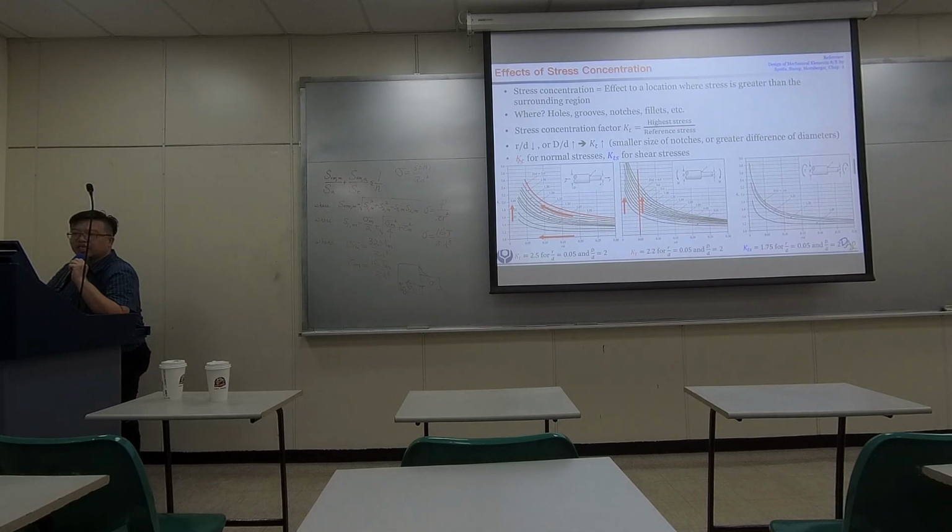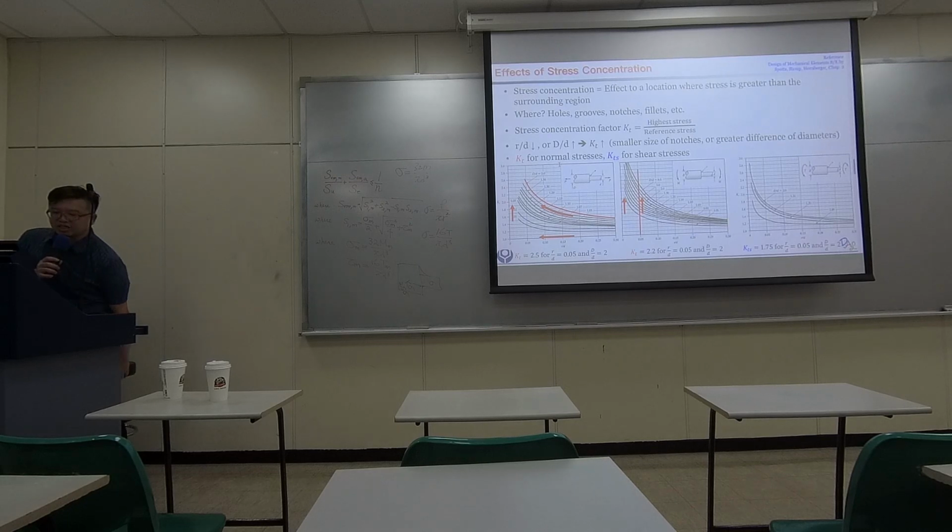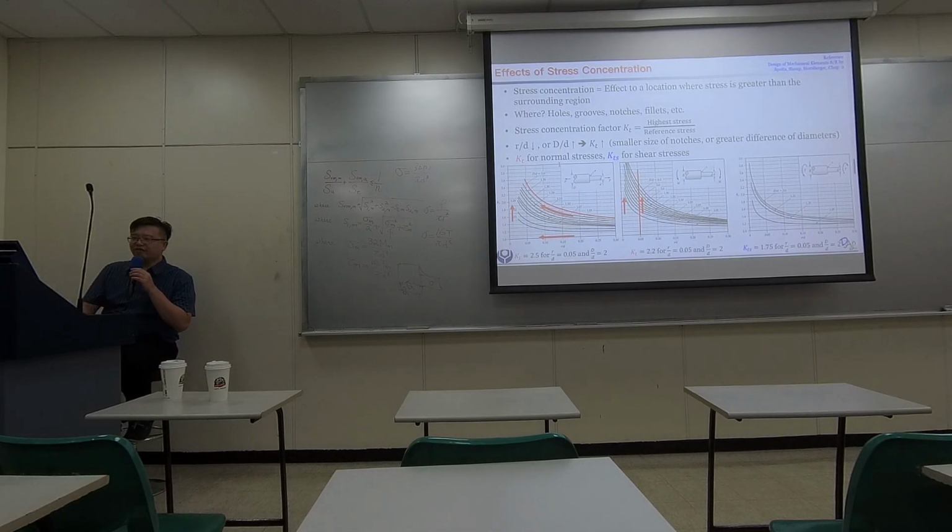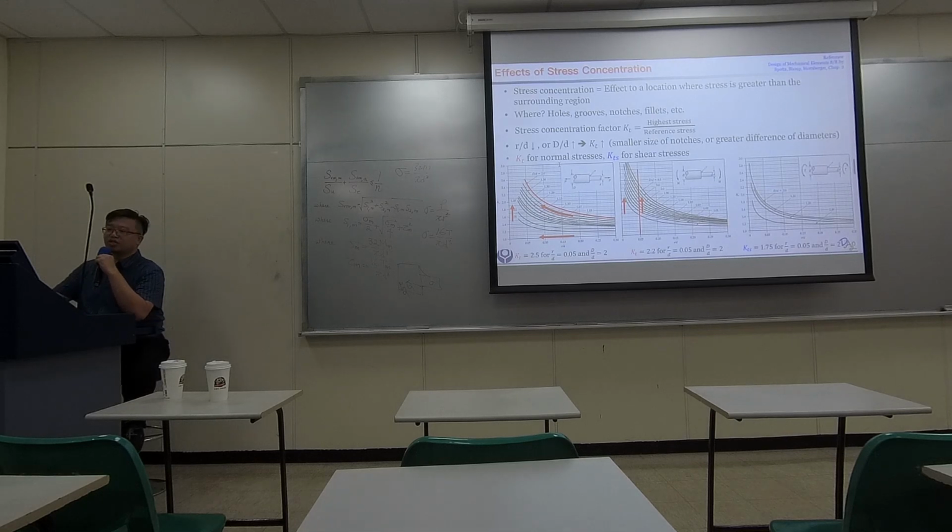So when you see KT, T represents the stress concentration factor for static loading. And if you don't see S, usually it's for normal stress. When you see S, it's for shearing. So this one is KTS, in fact. These two are just normal stresses, so KT.